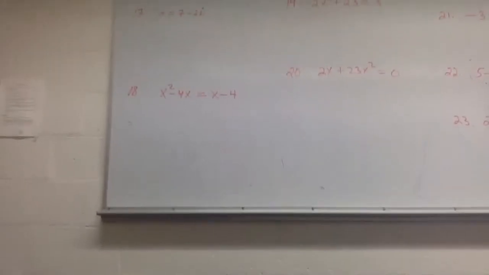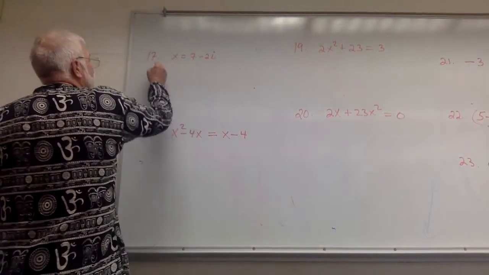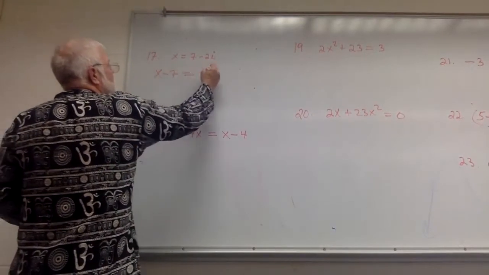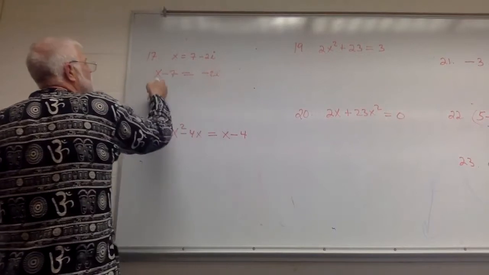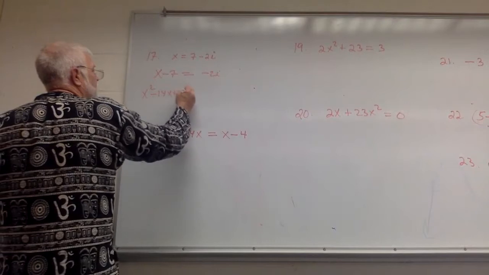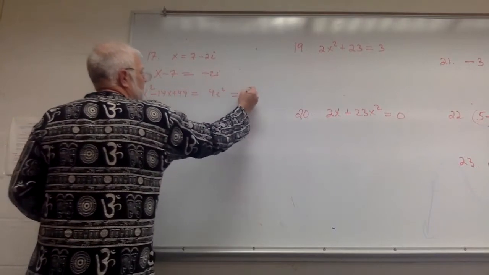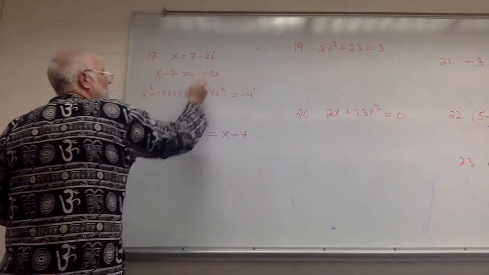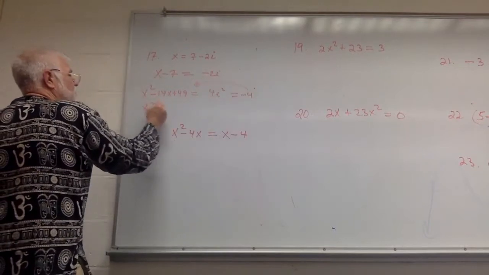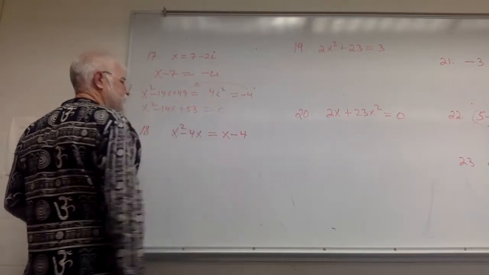7 minus 2i. So let's see. So we got x squared minus 14x plus 53. But let's do it out. So we're going to move the 7 to this side. We're going to leave the minus 2i over here. We're going to square this. X squared minus 14x plus 49. We're going to square that. 4i squared, which happens to be negative 4. We're going to bring negative 4 to the other side, and we're going to get x squared minus 14x plus 53 equals 0.